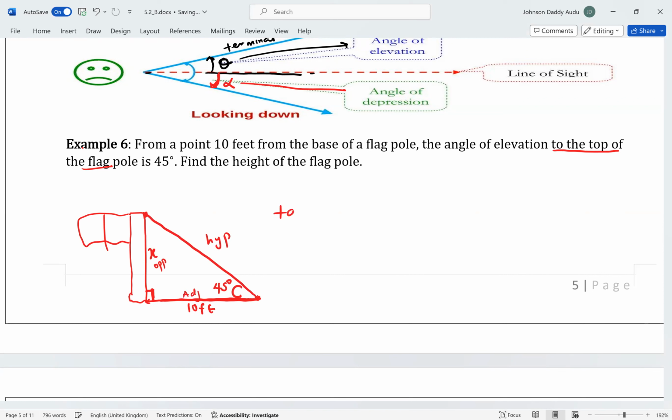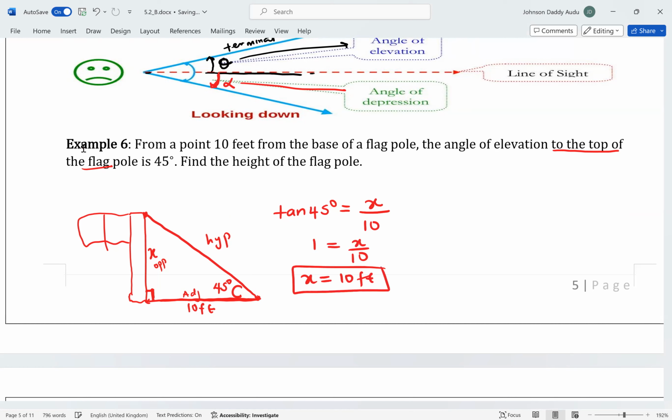The best thing to use is tan 45, which is opposite X over adjacent, which is 10. But tan 45 is 1, so it means that X is going to be 10 feet as well.